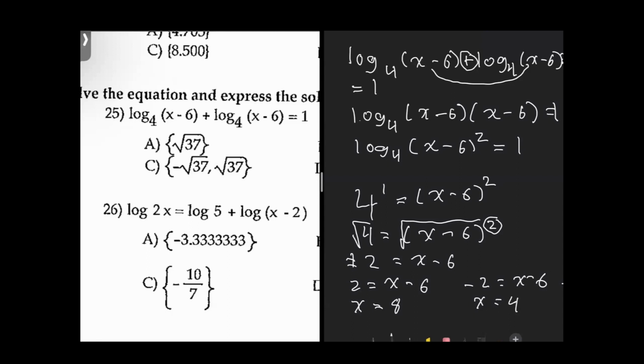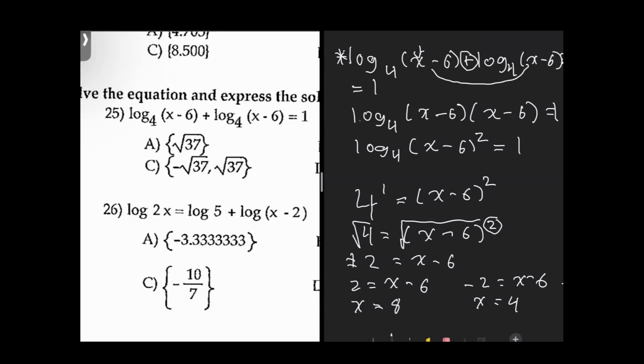Now, we have to check if these are the actual solutions to the logarithm. Because when we go back to the original equation, you need to replace x with the value that we solved for to see that the argument of the log is positive. It has to be positive in order for it to be a solution.